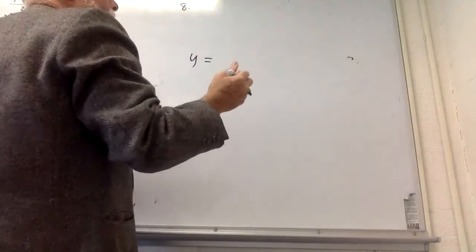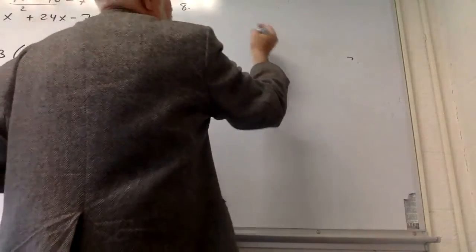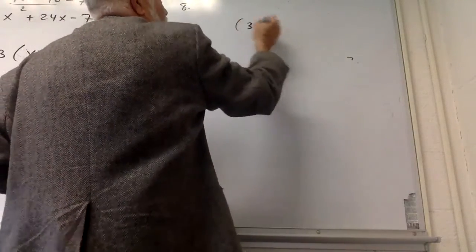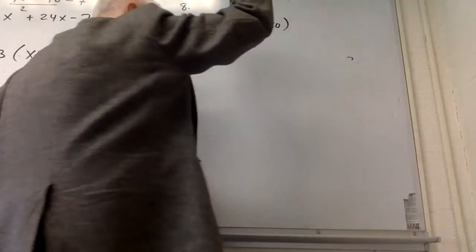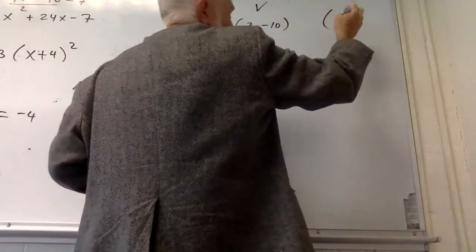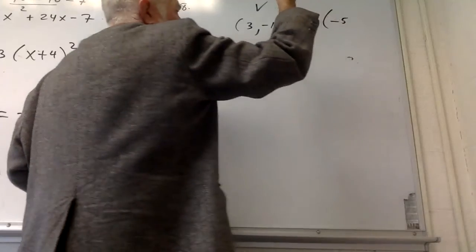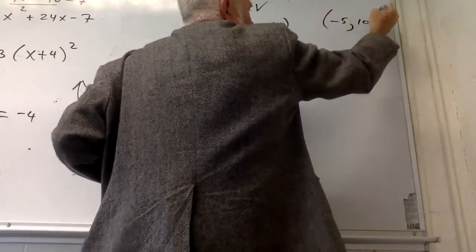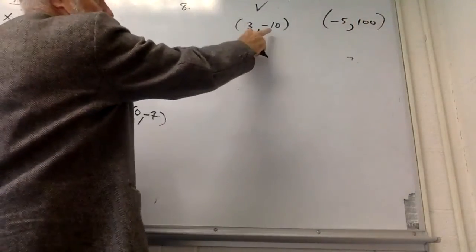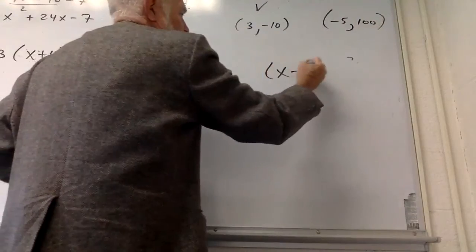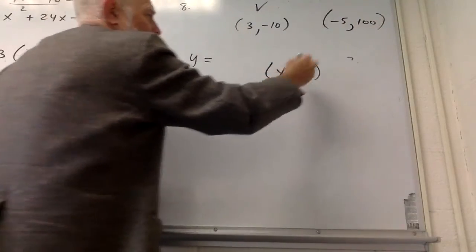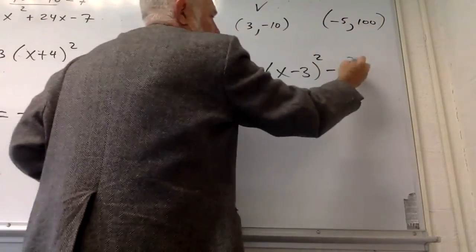Let's try, I don't know, how about 3, -10? That's your vertex. And it doesn't matter if this number is even smaller. Let's make it -5. And let's go to 100. You see the vertex? I hope you write x minus 3, get rid of addition of 3, and bring in -10 because it works.